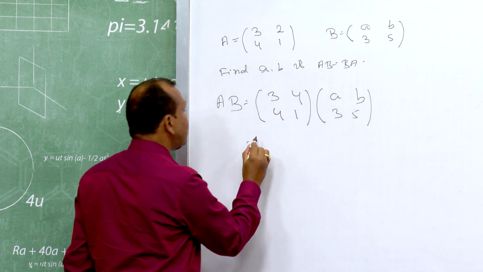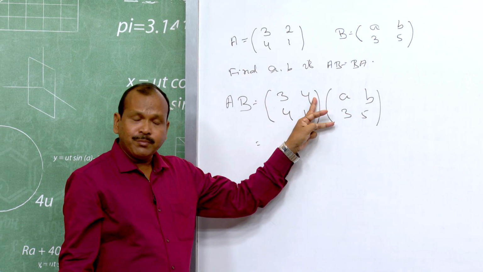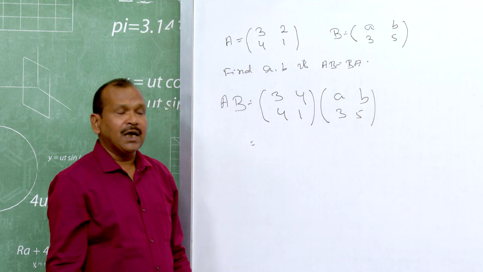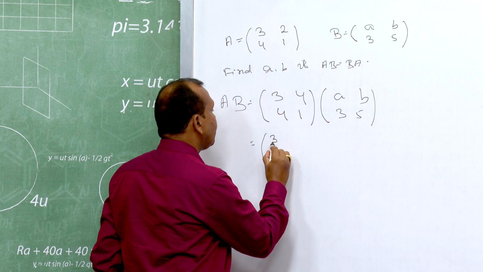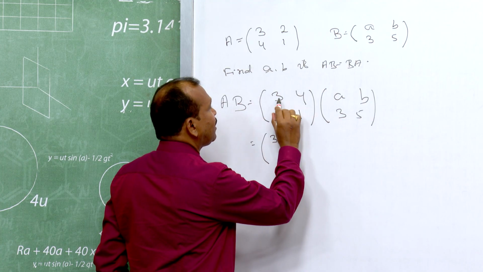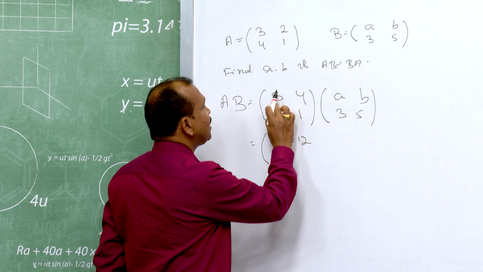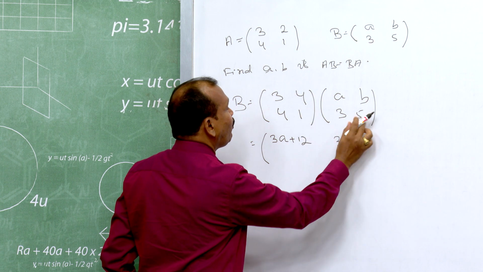The product is possible by taking the first row of the first matrix with the first and second columns of the second matrix. So 3a plus 2 into 3, that is equal to plus 6. Similarly, 3b plus 2 into 5, plus 10.